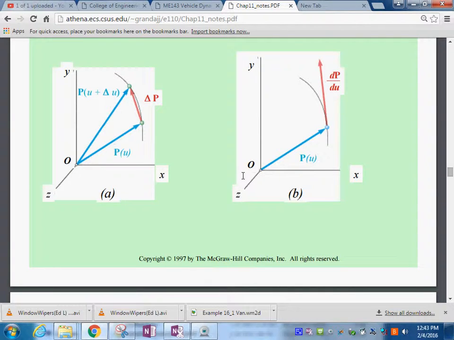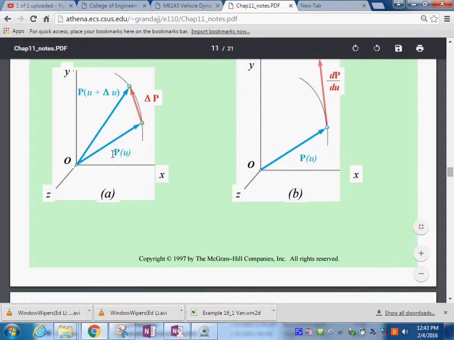So in here also, you could define the position of a particle by looking at the change of the vector. See here, this is the original position. You have this, the change in P.